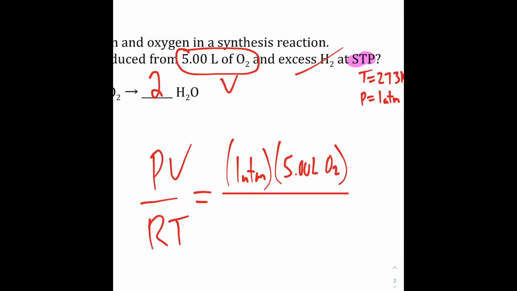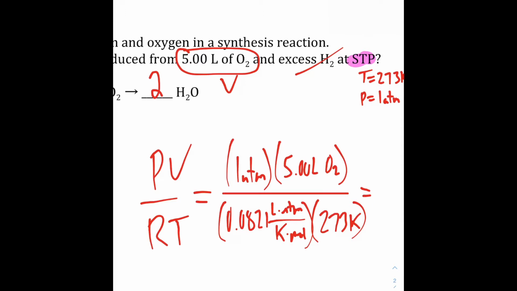You'll see why in a second. Liters of oxygen. On the bottom here, we have our gas constant for pressure, which is 0.0821 liter atmosphere over Kelvin mole. And our temperature is 273 Kelvin.